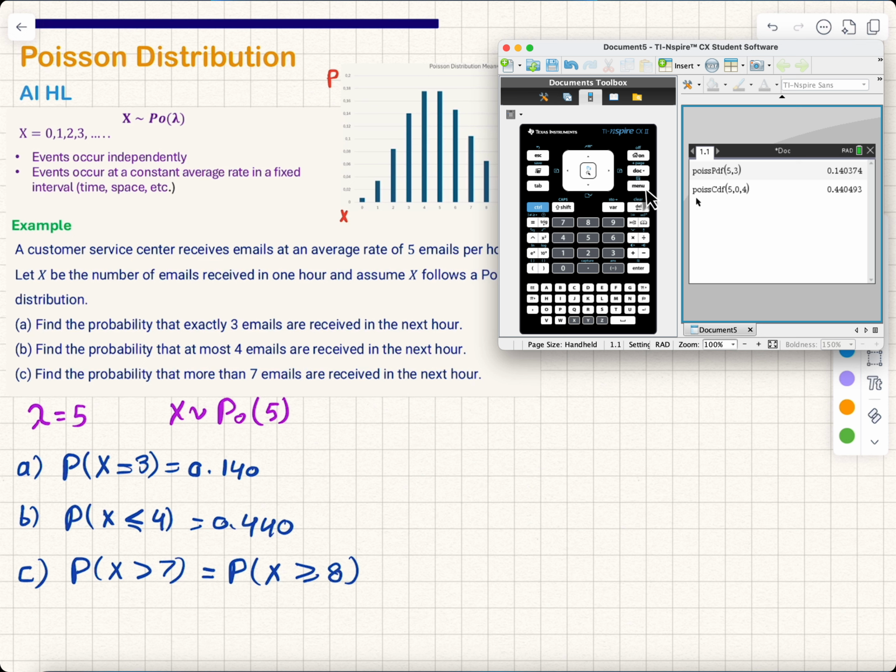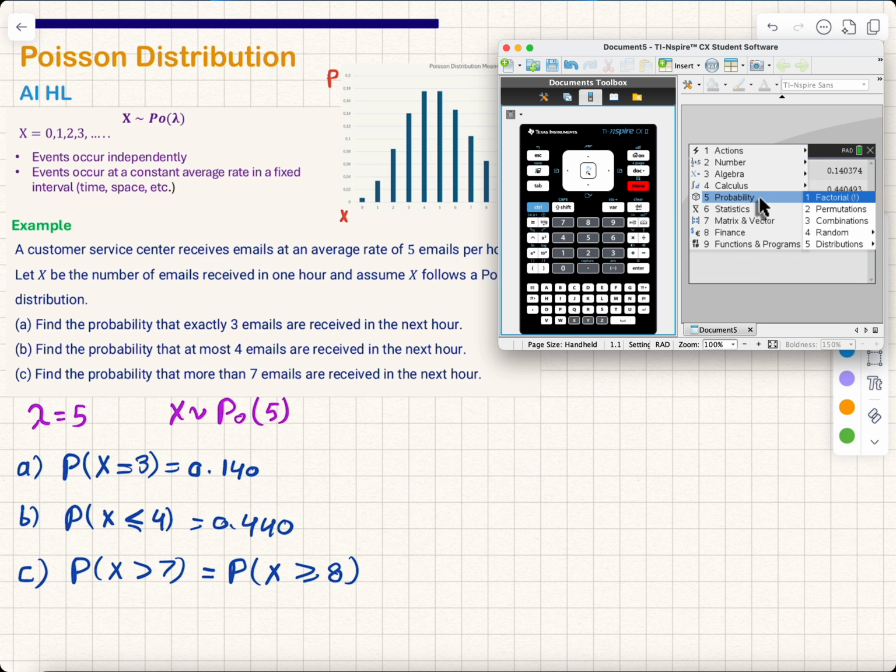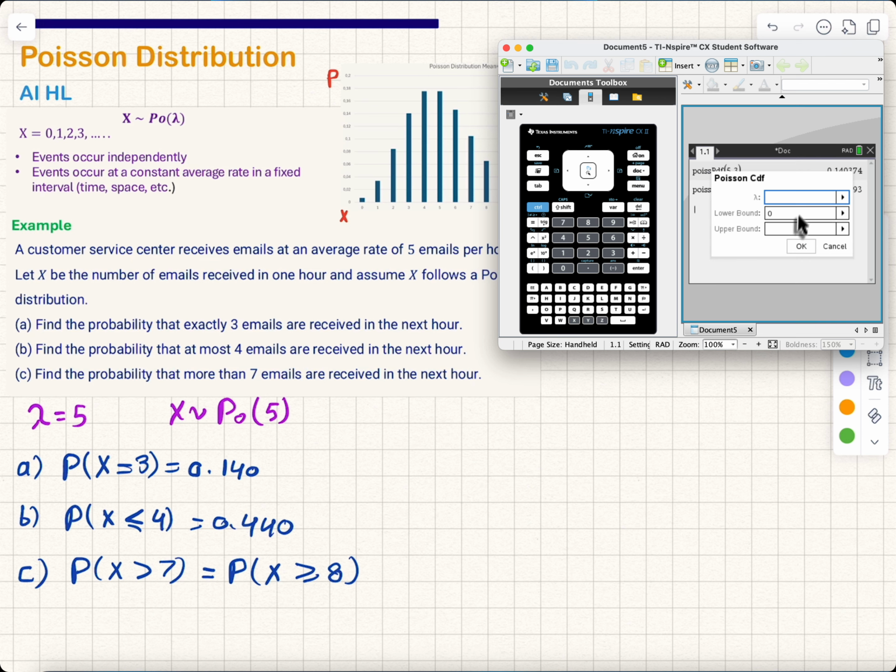Now here we use also Poisson CDF. As you see, lambda will be the same 5. Here the lower bound will be 8 because we have 8 or more. Now here, since we don't have an upper bound, then it will be infinity. As you see, x goes to infinity.